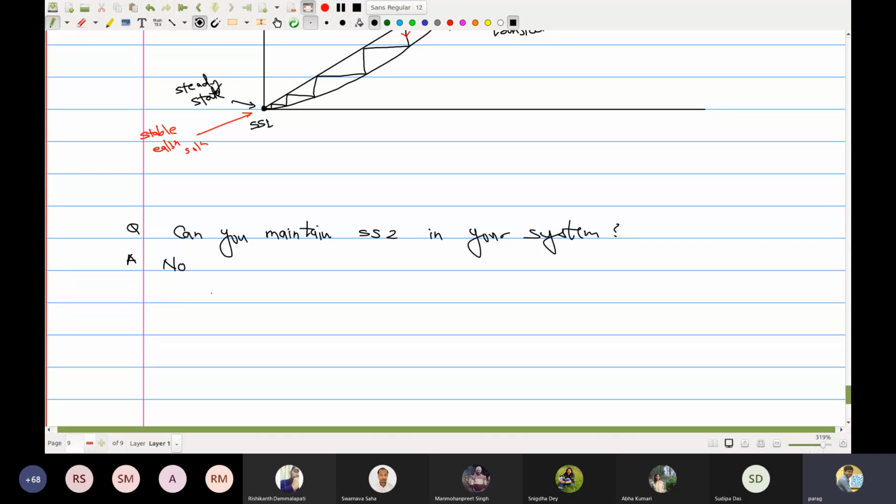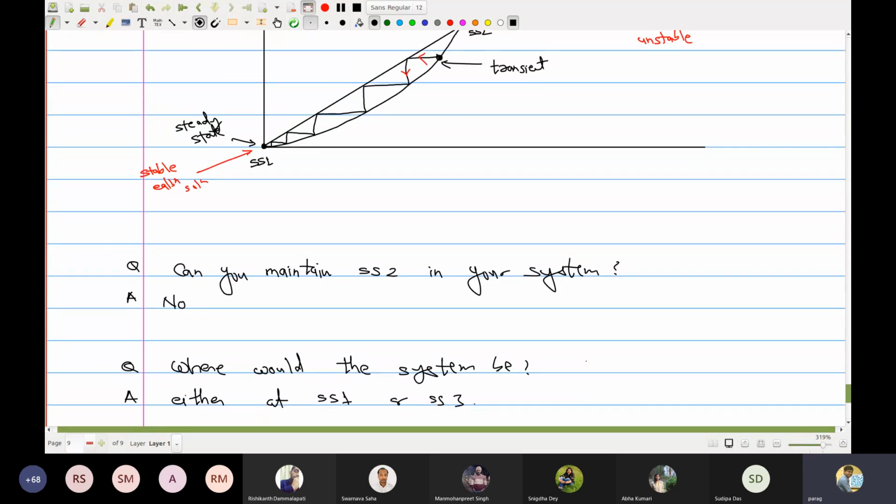So now where would the system be? Well, it's very simple. It would be either at steady state 1 or steady state 3.